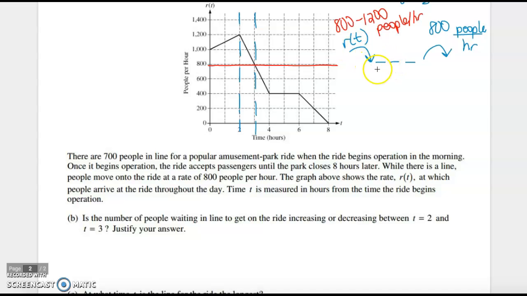And what will that end up doing with that line? Well, it'll end up making that line longer and longer. If more people are super excited to ride the ride and are getting in line for it, then that means that the line would be increasing.